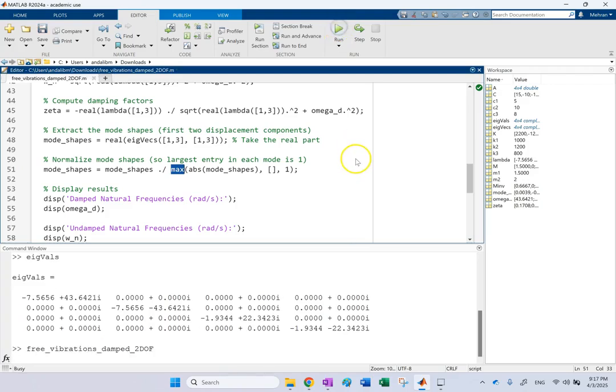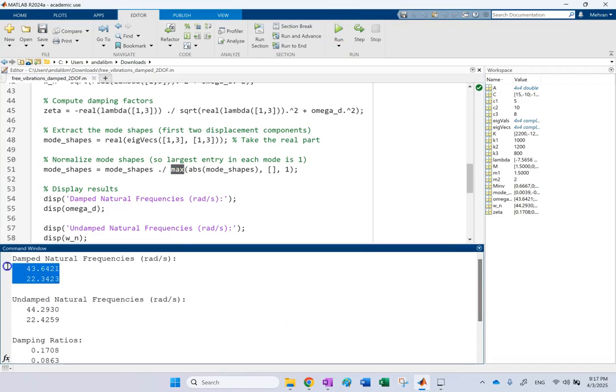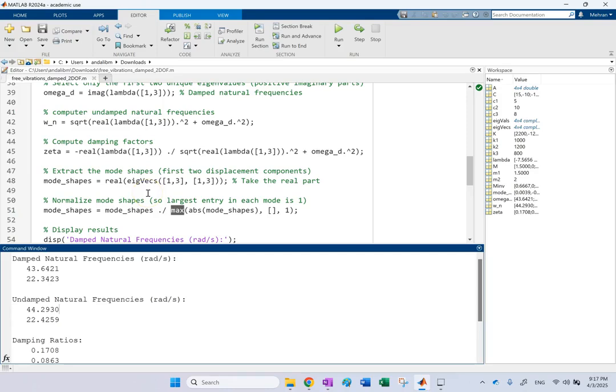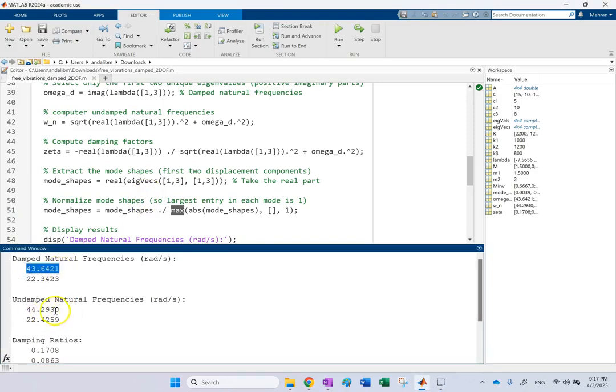And then I show it again. Look, there we go. So these are my damped natural frequencies. Undamped doesn't look right. Well, no, actually it does. These numbers are not the same. Look, this is 43, this is 44, this is 22.3, this is 22.4.